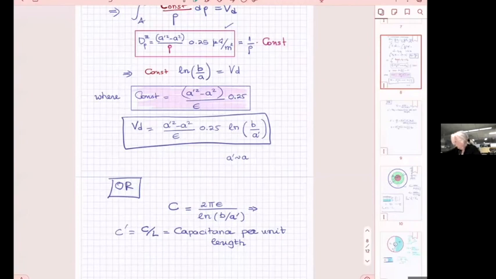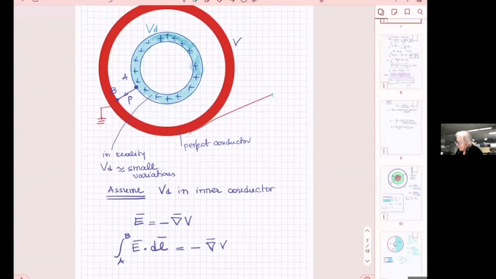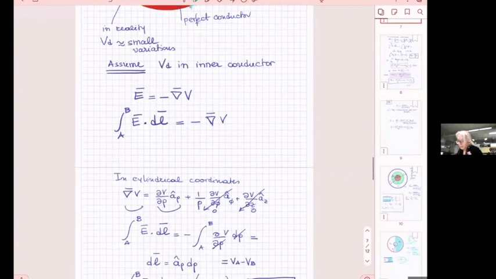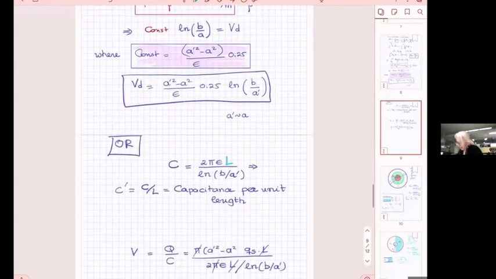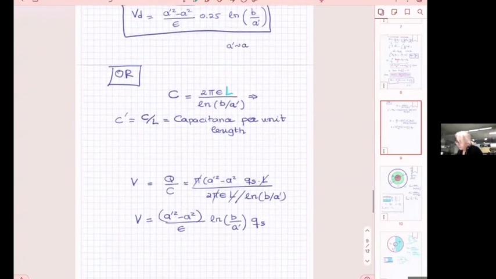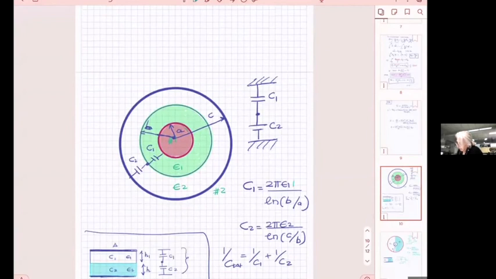Yes, for L. If it's not capacitance per unit length, you will have to put an L here. If it's per unit length, you don't place it there. But if it's not per unit length, you put this L, okay? And you will have to put an L here, obviously, but the L is common in all of those.